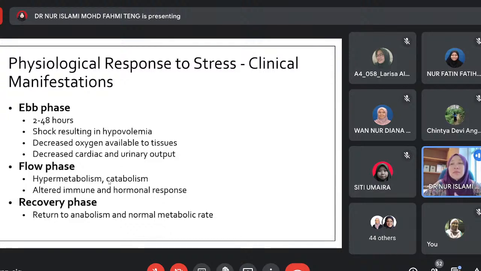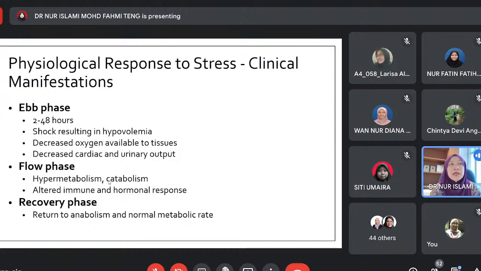And then we move to the recovery phase, which is the return to anabolism and normal metabolic rate. So why do we need to understand this? Just after trauma or surgery, after stress, we will observe physiological changes, which are the clinical manifestations of the patient.